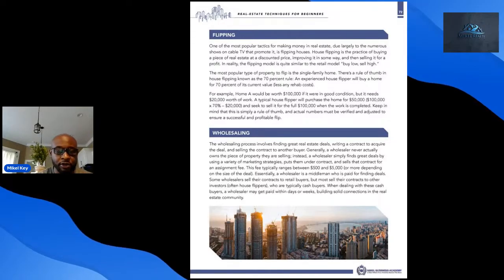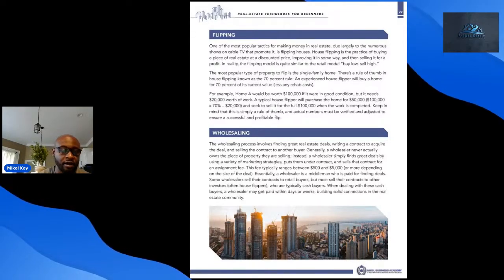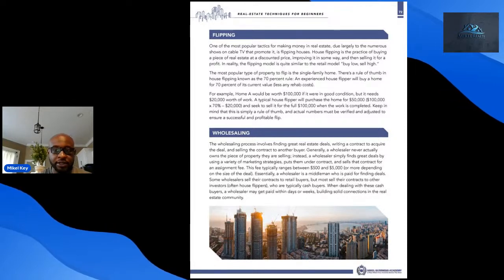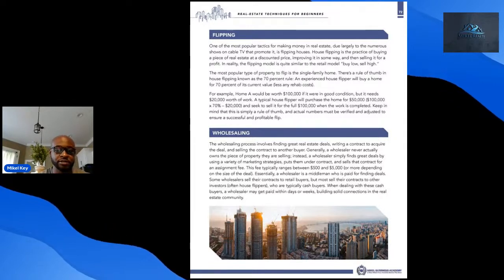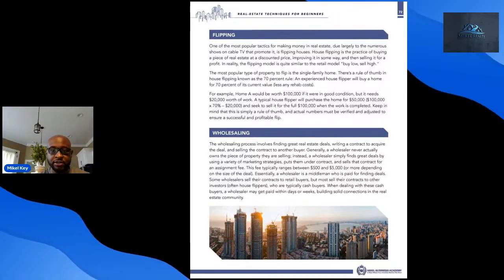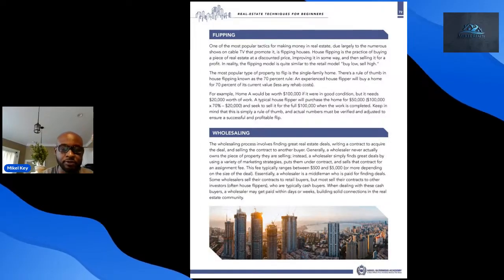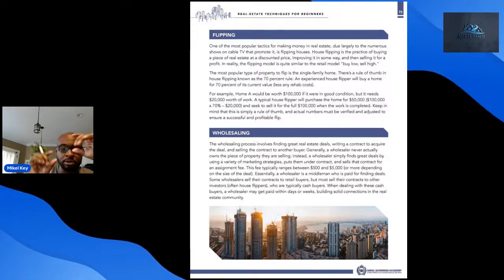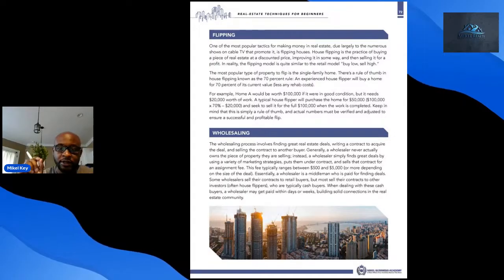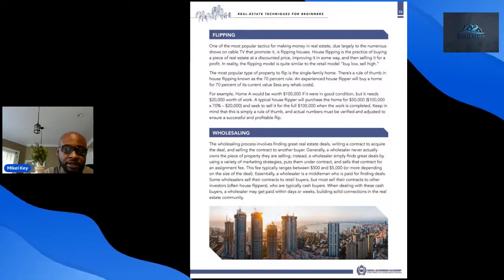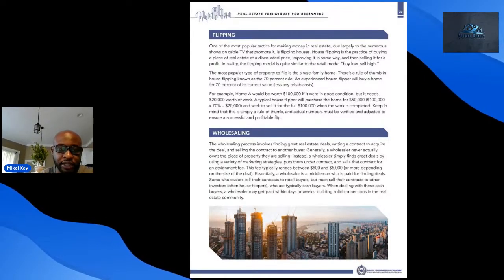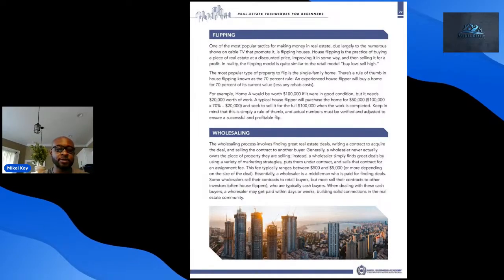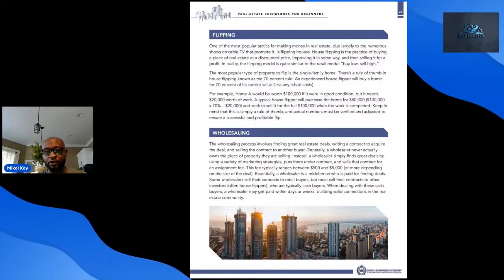So say you've partnered with your general contractor and you've gone to look at that property, and he says it's going to cost $50,000 to renovate this house and get it ready. Operating off the 70% rule, $50,000 is 50%, so you only have 20% left, because we can't go over 70%. If the contractor gives you a $50,000 bid and the ARV is $100,000, you only have $20,000 to pay for that house. That's how we determine how much we pay for a flip property.